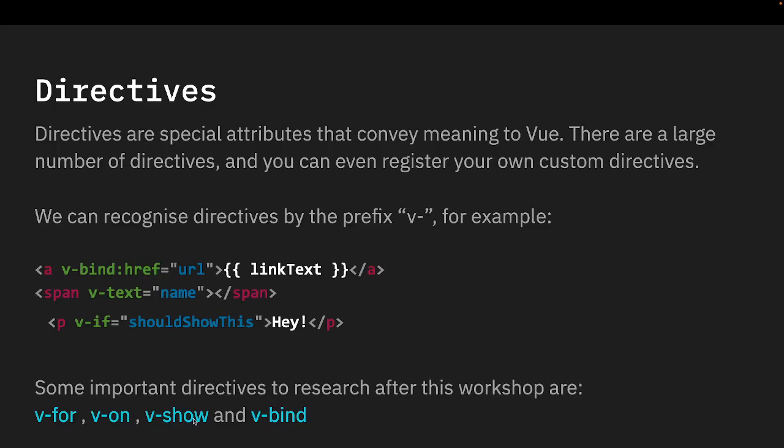And then v-show is an alternate to v-if. The problem with v-if is that it completely removes the element from the DOM. So, let's see. There is some funky stuff that can happen if you do that.